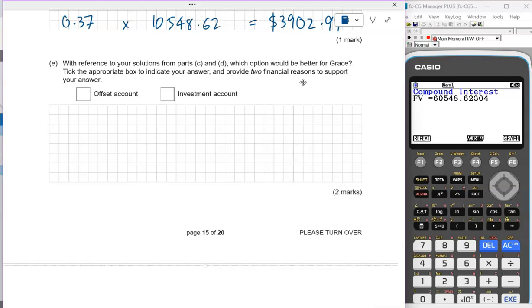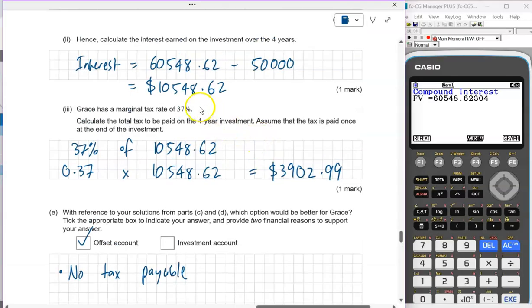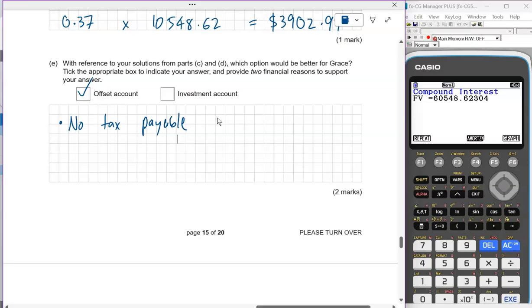Well, obviously, as we just said, the offset account is better. Firstly, she does not have to pay tax on money in that offset account. So no tax payable on that money in the offset account, as opposed to paying nearly $4,000 on the interest that she earned in the investment account. And I guess there are a few solutions here, but we can actually compare the amounts.